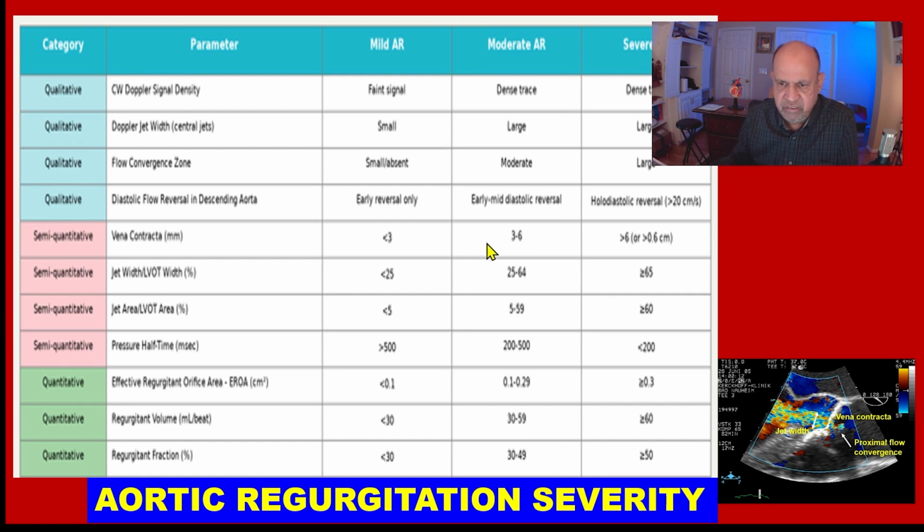As long as we have some of these main important numbers like the vena contracta and also the pressure half time. So some of the major ones: vena contracta, pressure half time less than 200 milliseconds, which is severe aortic regurgitation, and the regurgitant fraction or the regurgitant volume, all of which can be calculated by the software.